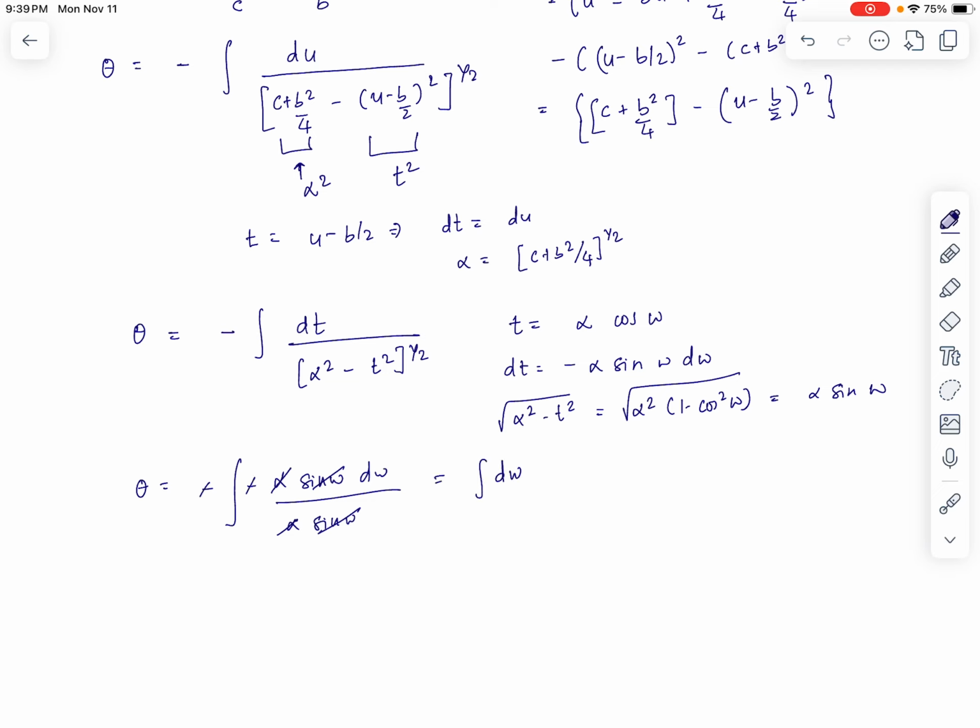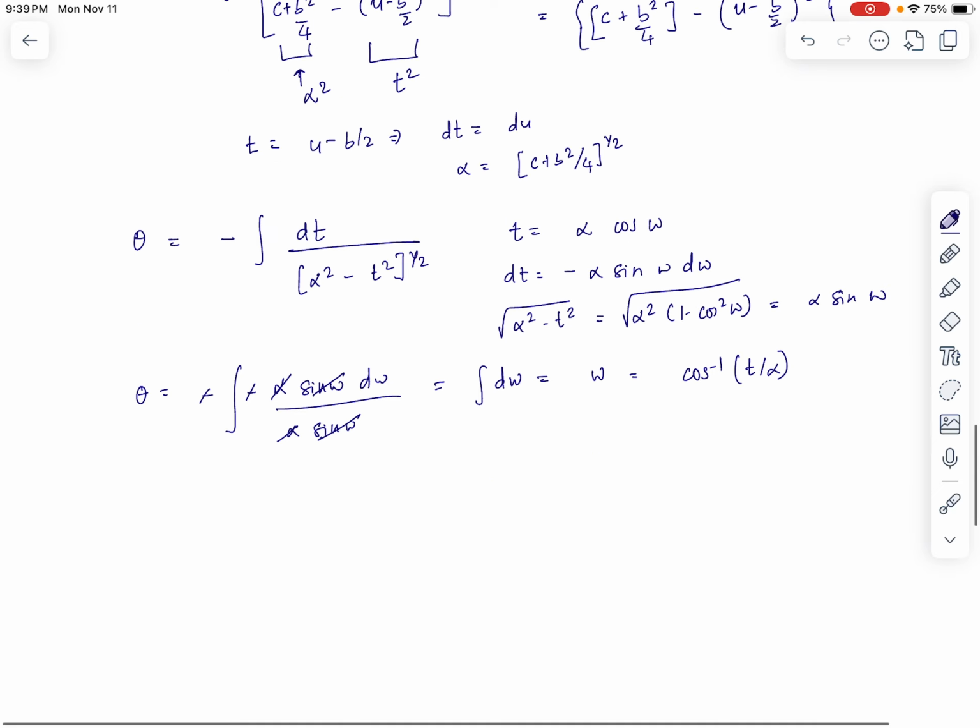So just w. So for now we're omitting the integration constant. Okay. So now we substitute w equals cosine inverse t divided by alpha.